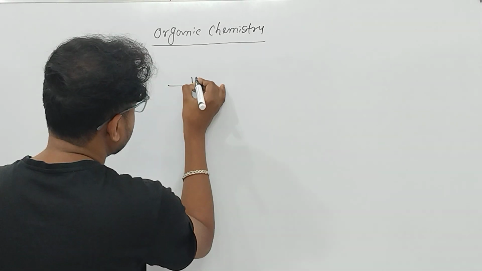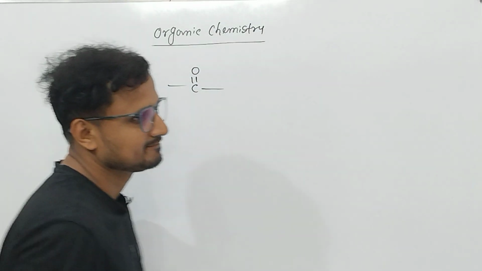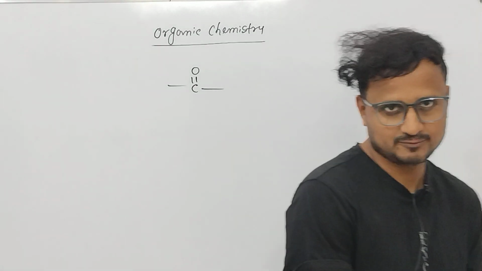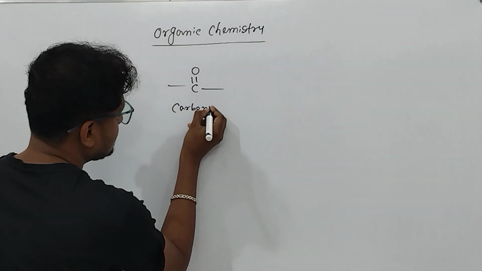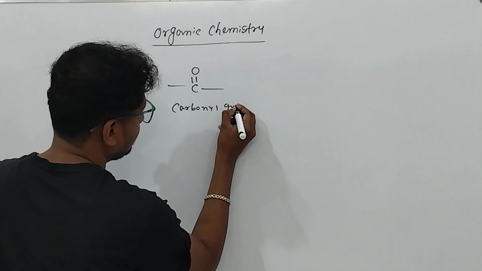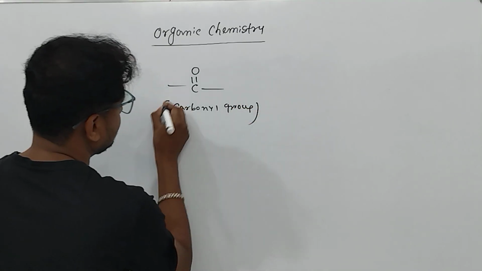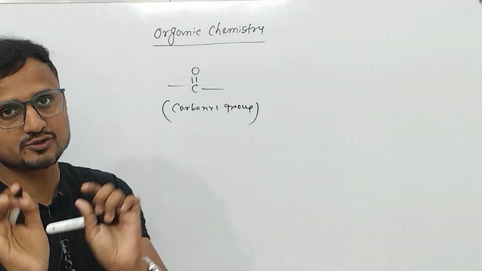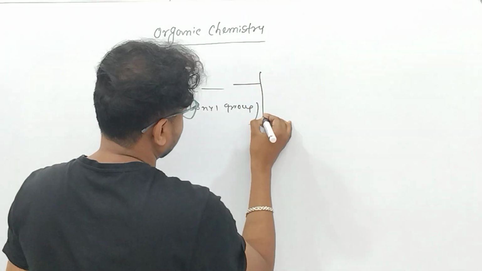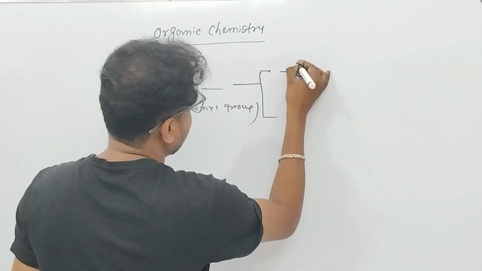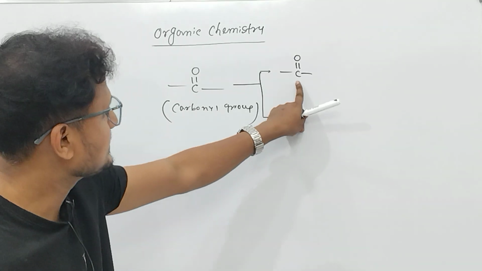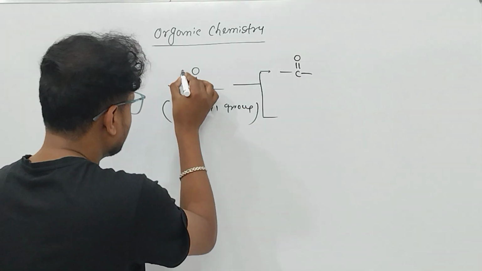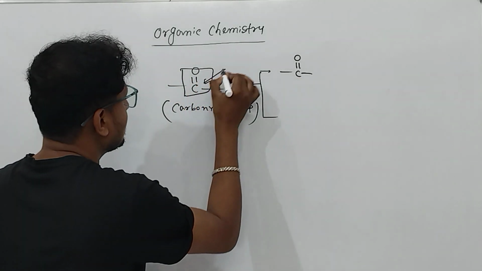We have this functional group. This is called the carbonyl group. This C double bond O is called the carbonyl group. Now this group has two functional groups. With the C double bond O, you can see this is the carbonyl carbon.